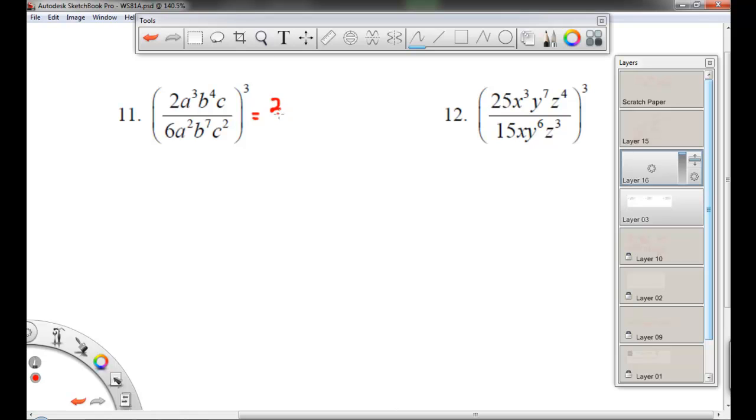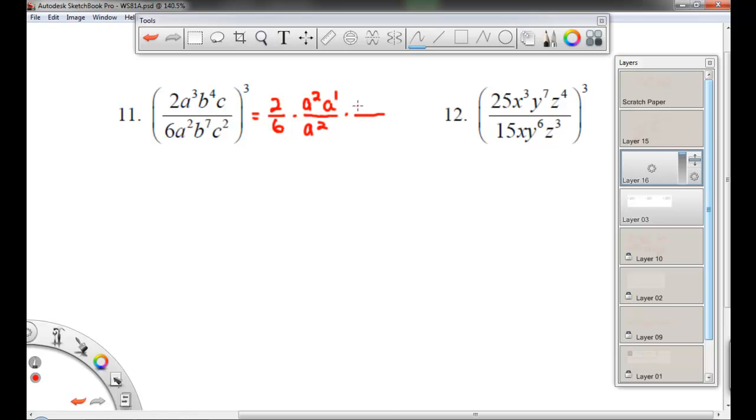So I've got 2 over 6. We know that will equal 1/3. Now I have a squared and a to the third. Well, I know a squared can stay like that on the bottom, but I need to write a to the third because there's a square hidden inside the a to the third. I can write a to the third as this, and then I can see the a squareds cancel.